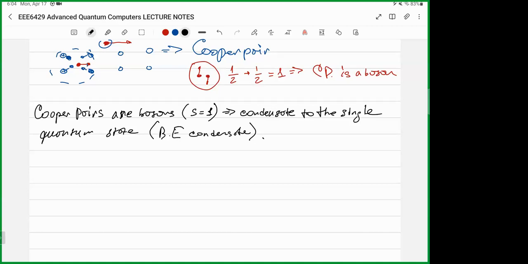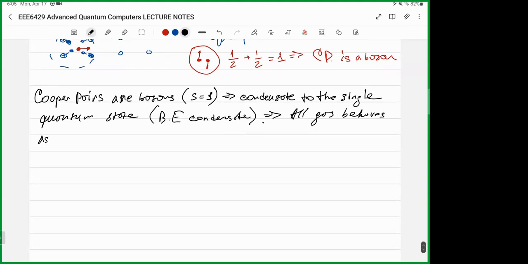And in this Bose-Einstein condensate, the whole gas of electrons behaves as a single wave, like a quantum wave of state psi.